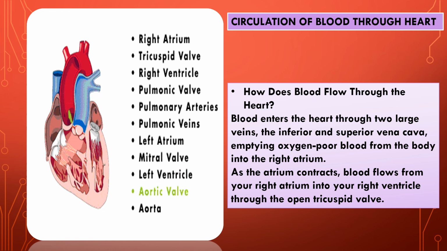Then through pulmonic valve, it enters through pulmonary arteries. Then in pulmonic veins, then comes to left atrium, through mitral valve or bicuspid valve, it enters into left ventricle. Next, through aortic valve it enters through aorta.